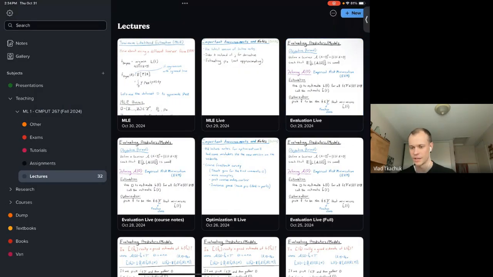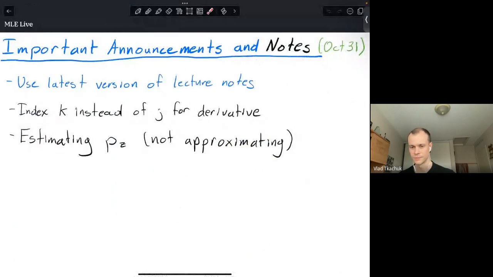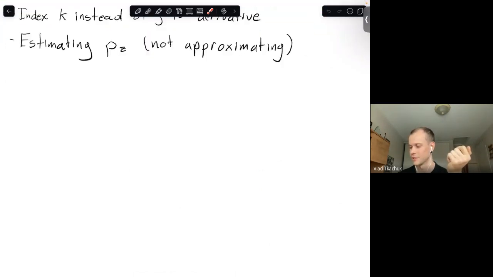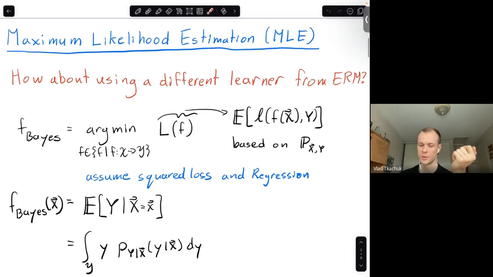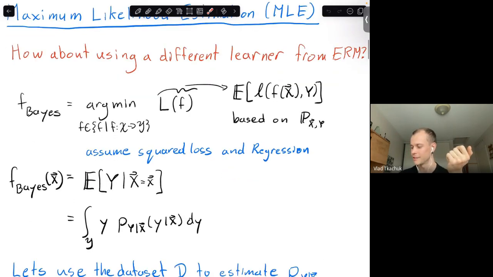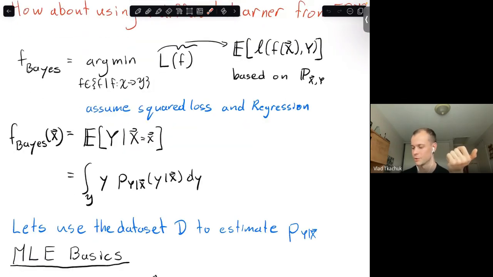Then if we go back to what else did I want to say? One more thing about terminology, and this leads us straight into the lecture about the maximum likelihood stuff. We're talking about maximum likelihood estimation. And we said, instead of estimating the expected loss and then minimizing that over predictors, why don't we do a different approach, which is to observe that the best possible predictor is f Bayes.